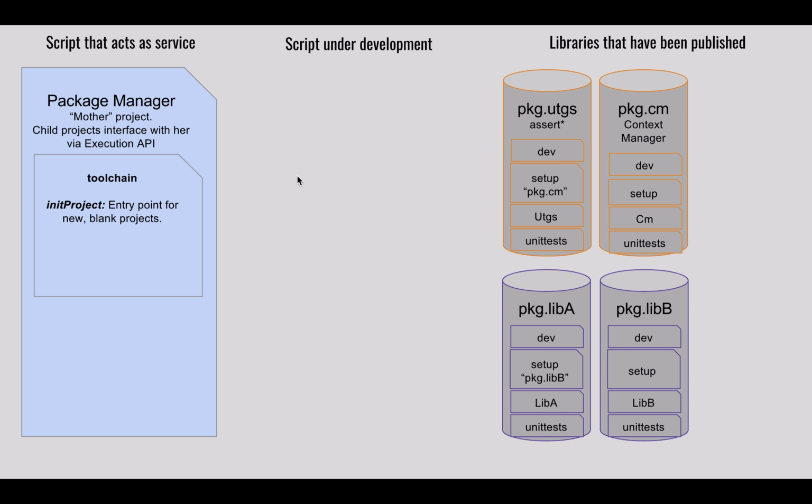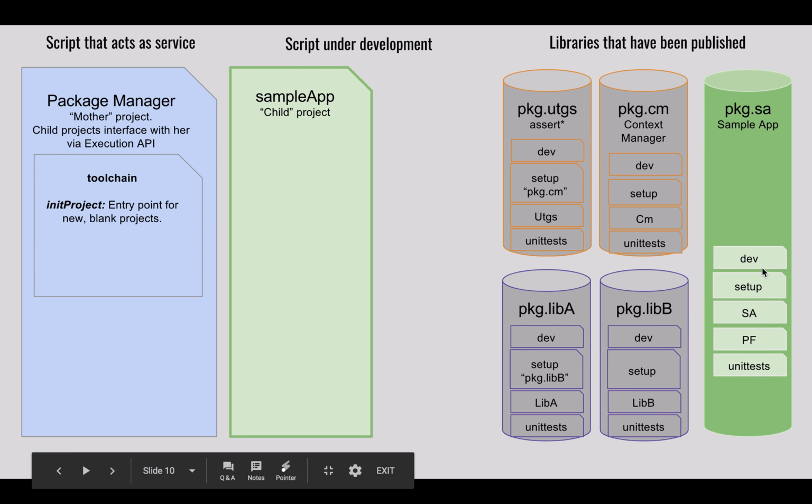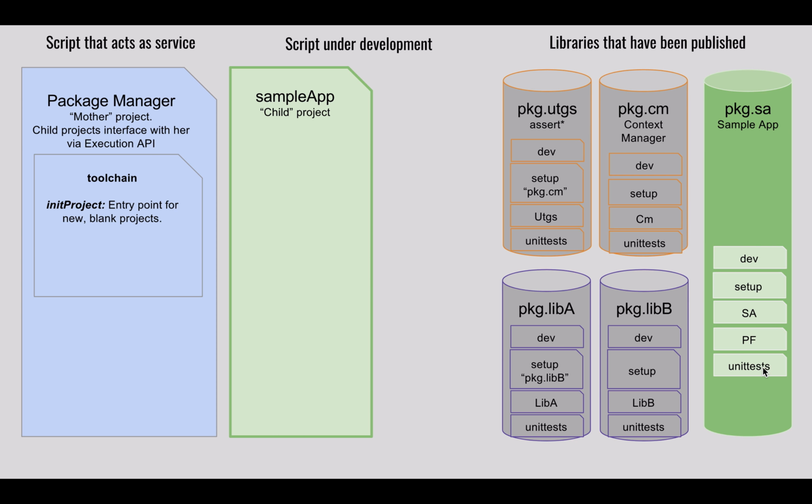Because it's a blank new project, I have not yet set up the dependency declared under library A. I'll show you how that works. So I run init project. It makes this child project, sample app, and it makes a gist with these files on there as well.